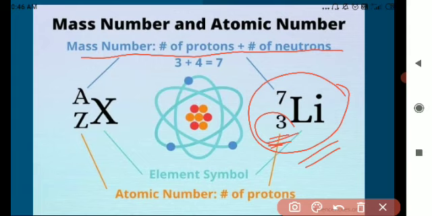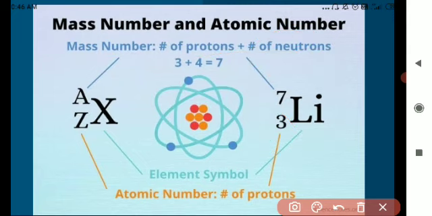Mass number is the number of protons plus the number of neutrons. For this particular lithium atom, the number of protons present is 3 and the number of electrons present is 3. Why is the number of electrons 3? Because there is no charge. We are going to talk about ions later on, but right now I'm saying it simply: take this as a neutral atom.